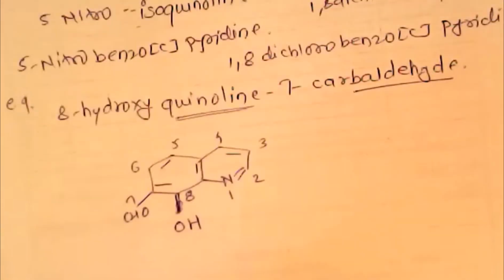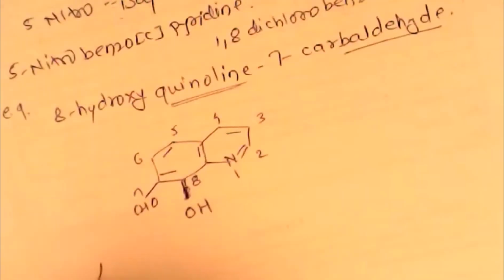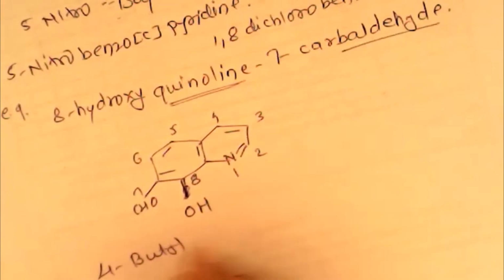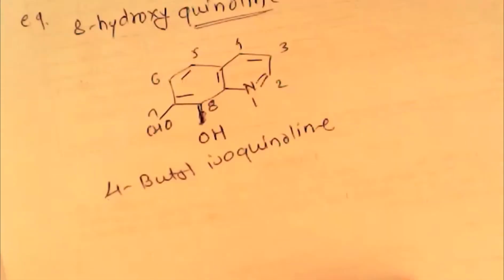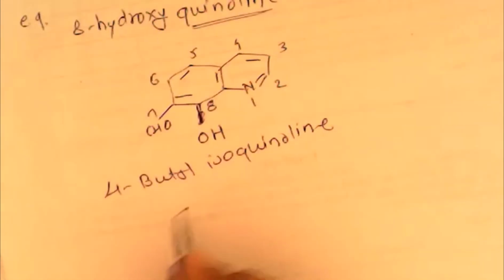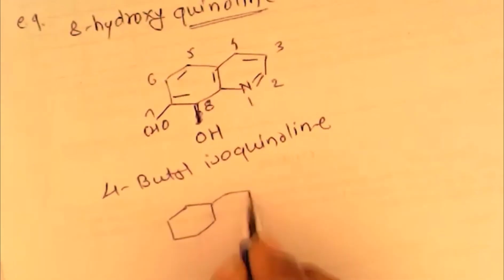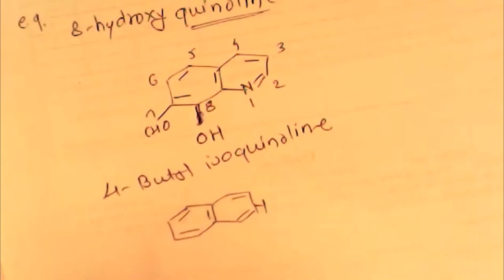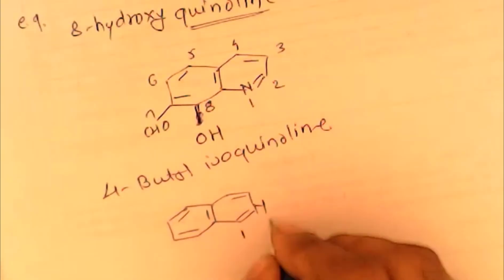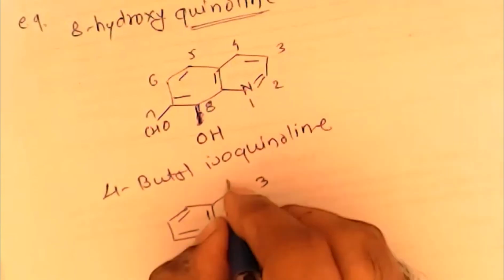Okay, if you take another example, that is 4-butyl quinoline or isoquinoline. Okay, so what is its structure? Isoquinoline, we just draw the structure of isoquinoline. Give the numbers. While numbering, keep the isoquinoline pattern in mind, it is slightly different, that is important.